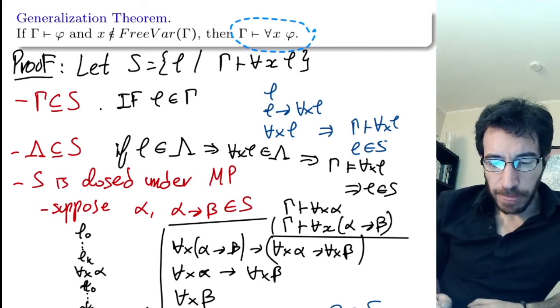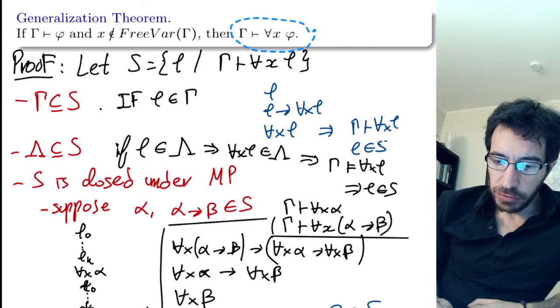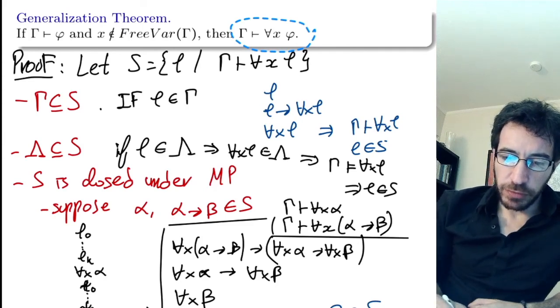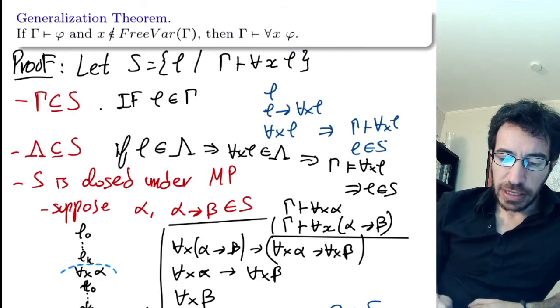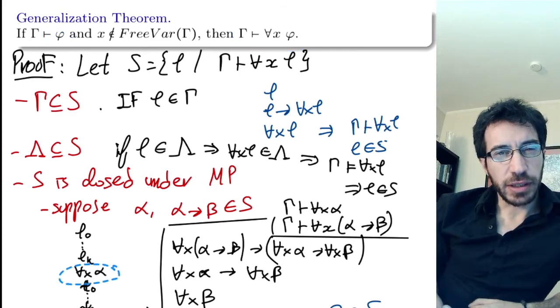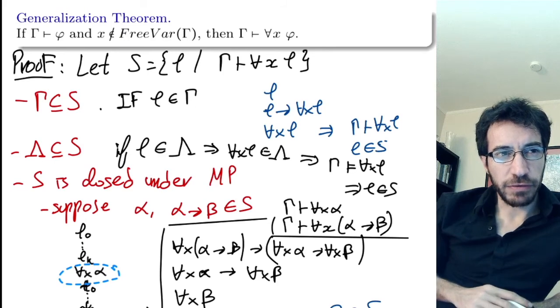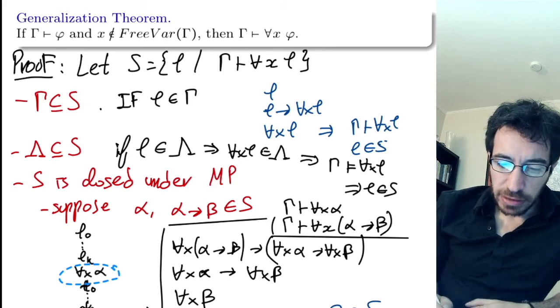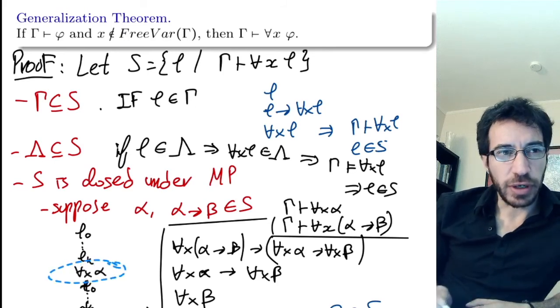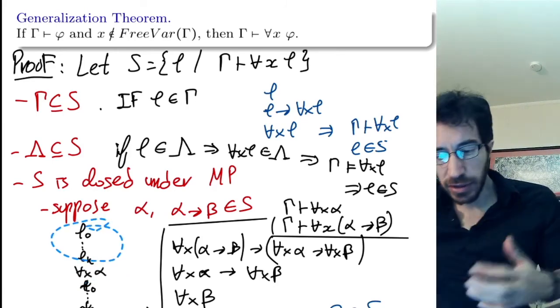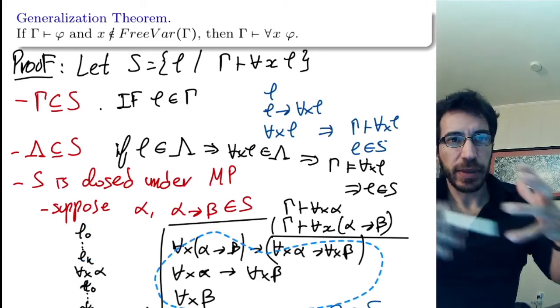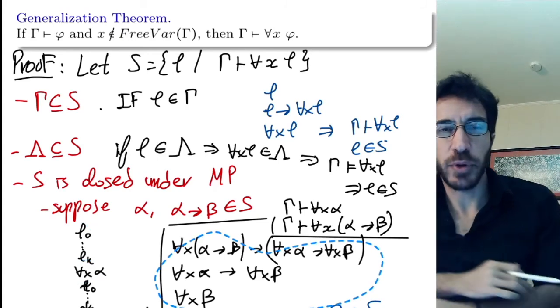So in the case when phi is alpha implies beta, we have a deduction of alpha. I guess that should be a theorem, but we have to get a deduction of for every x alpha, and that's kind of in here. So there is the induction. So these rules here are being applied by induction every time there is a modus ponens.